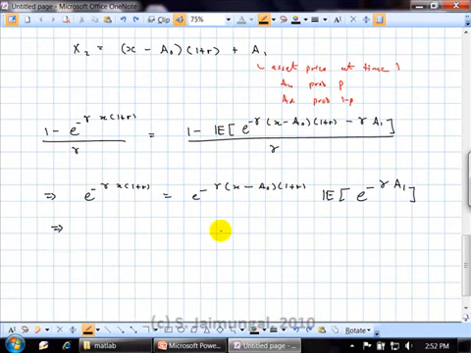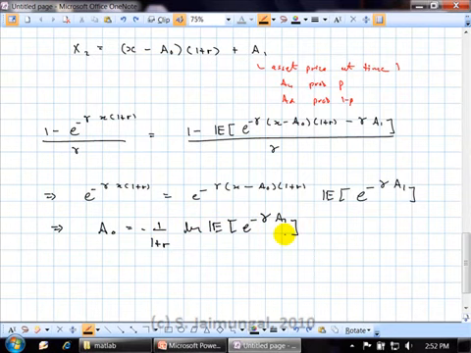And what we're solving for is a0, so I can simply put that exponential factor on the other side, take logarithms, and I'm done. a0 is minus 1 over 1 plus r log the expected value of e to the negative gamma a1. That is my rational price.